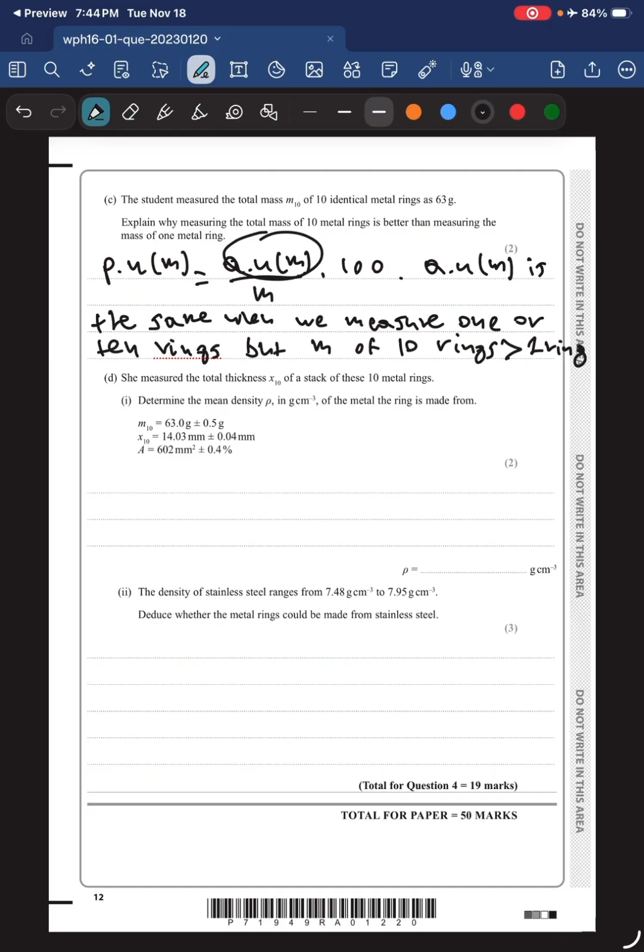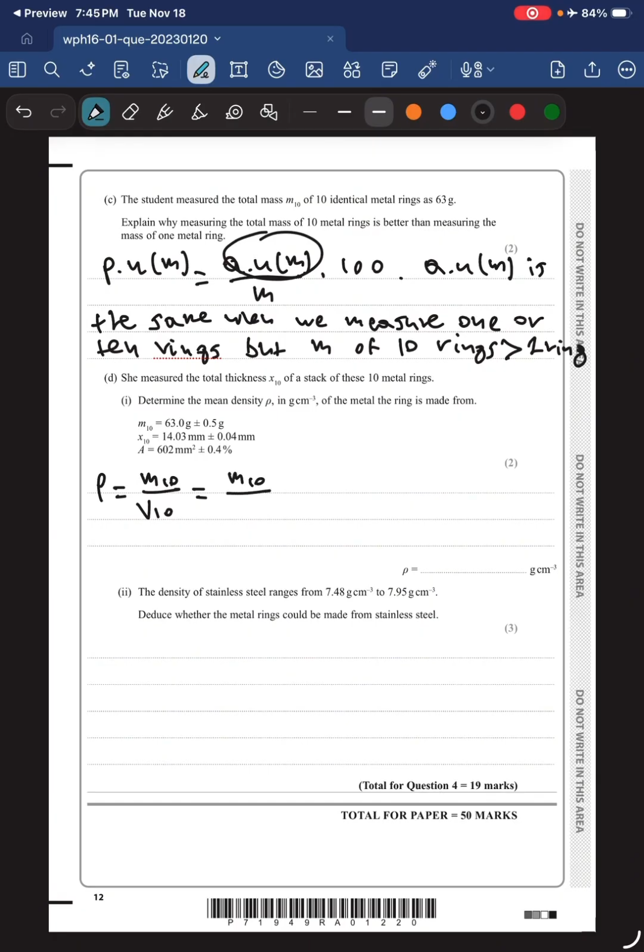Okay, so the density is pretty much equal to the mass of 10 rings over the volume of 10 rings. Okay, sorry, I got confused for a moment.